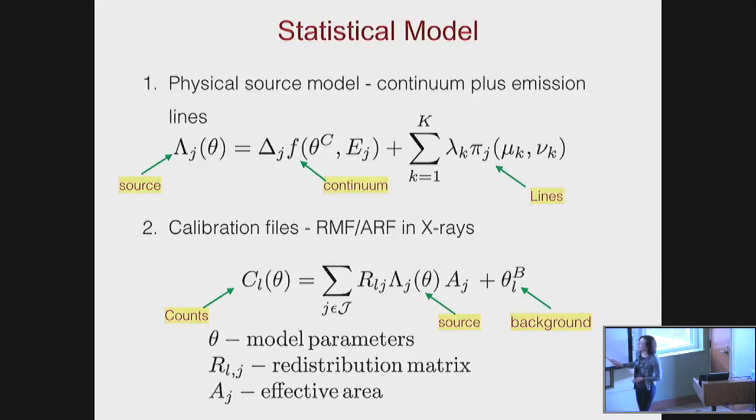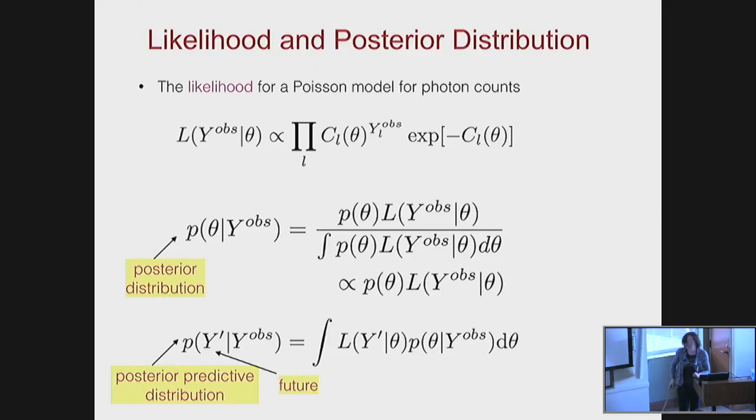And then there is the background component, which could be just the particle background. So there is some background component to our model. So this is the full model expression, and then we have to define the likelihood and look at the posterior distribution.